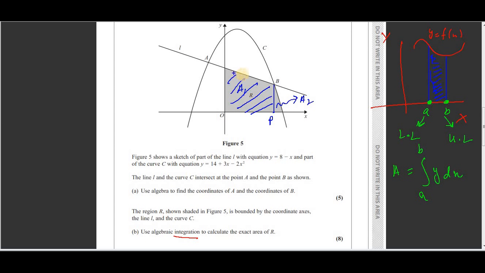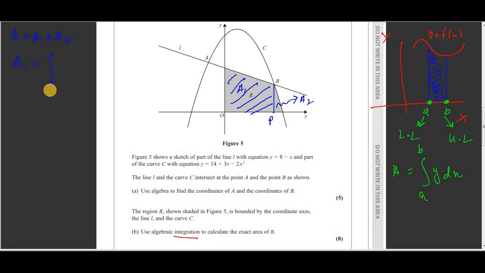You can use the equation of the line to figure out the area under this line between 0 and P. So our required total area is A1 plus A2, and first we need to find A1. A1 is integral y dx.